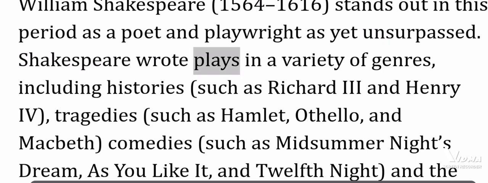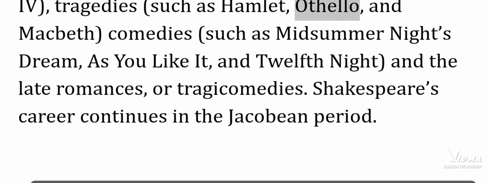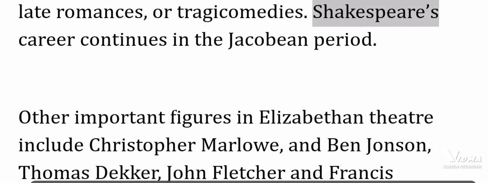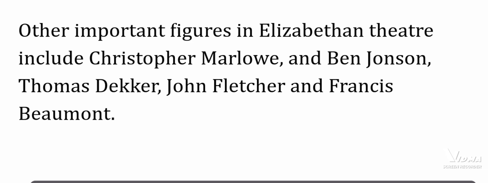Shakespeare wrote plays in a variety of genres, including histories, such as Richard III and Henry IV, tragedies, such as Hamlet, Othello, and Macbeth, comedies, such as Midsummer Night's Dream, As You Like It, and Twelfth Night, and the late romances, or tragicomedies. Shakespeare's career continues in the Jacobean period.